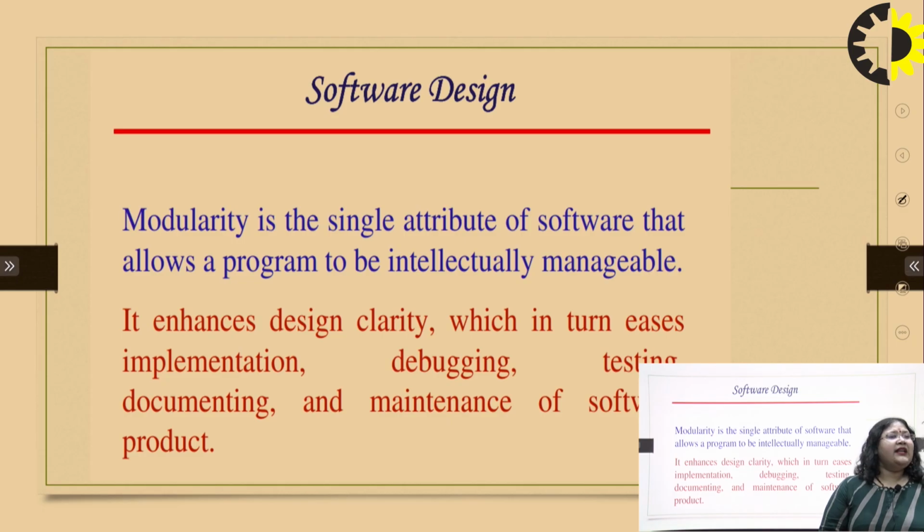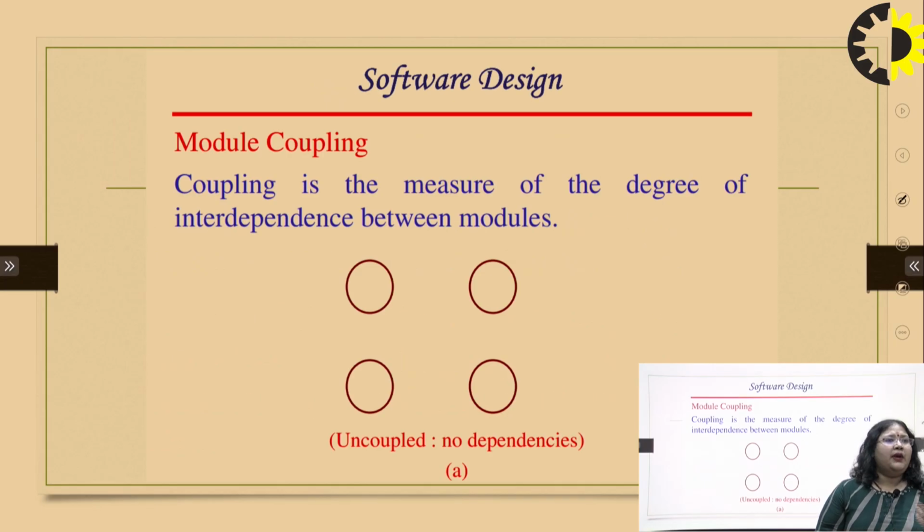I already explained what modularity is, but here we define everything that is defined in modularity. Modularity means we divide the system into small subsystems, and that shows enhanced design clarity, which makes the implementation, debugging, documentation, and testing easier. So we have to improve the design, which is useful for implementation.